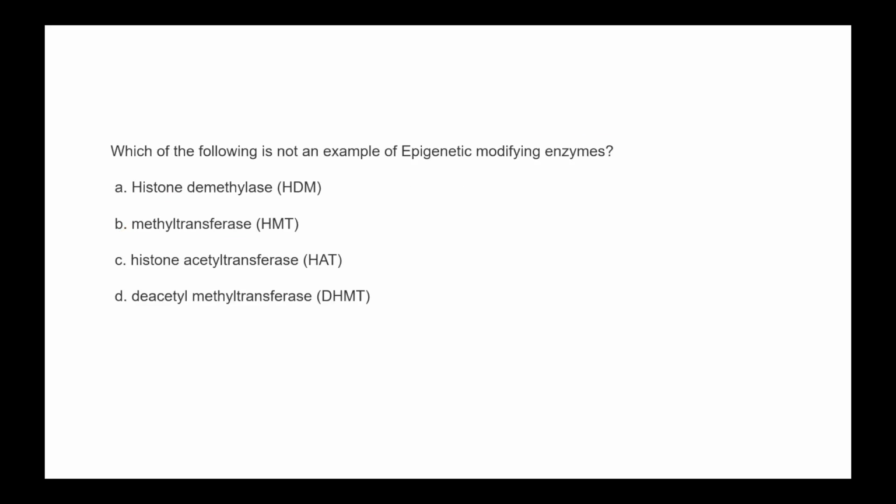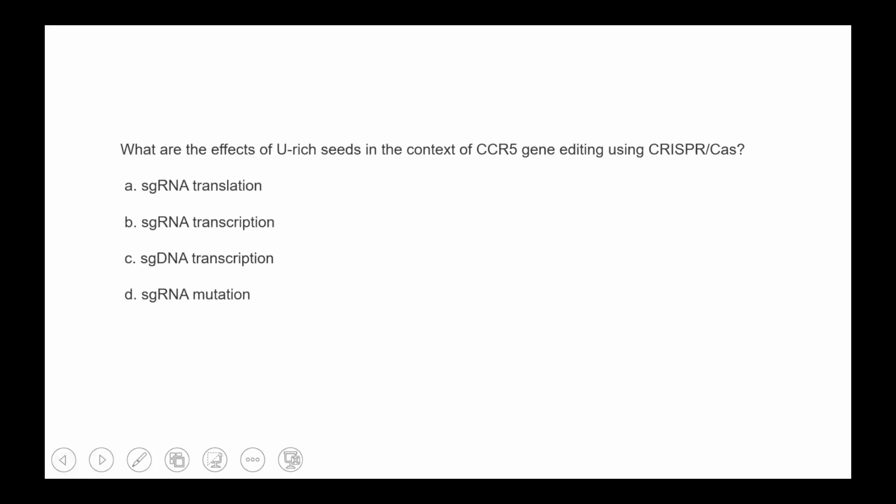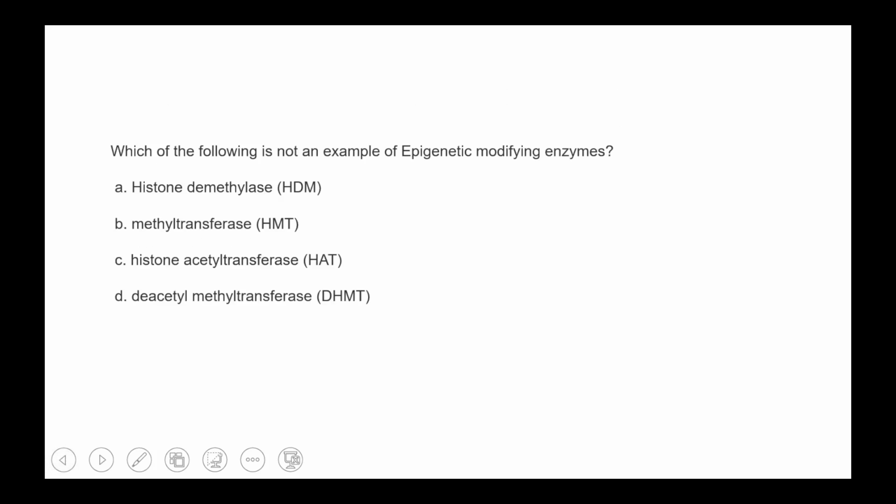Which of the following is not an example of epigenetic modifying enzyme? Okay, so as we have mentioned here, the catalytically dead dCas9 can be fused with any other epigenetic modifying enzyme.